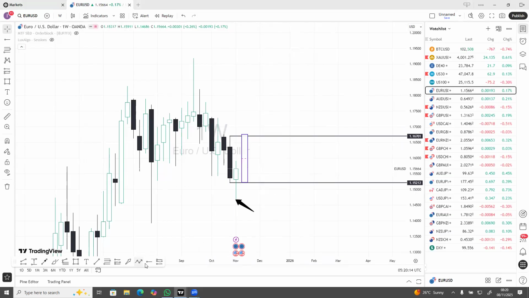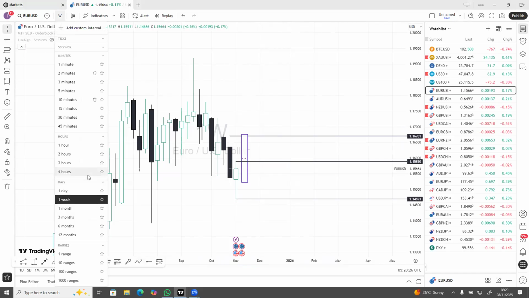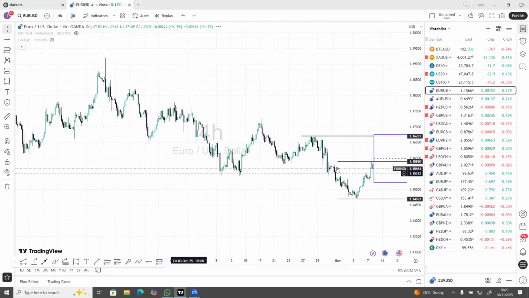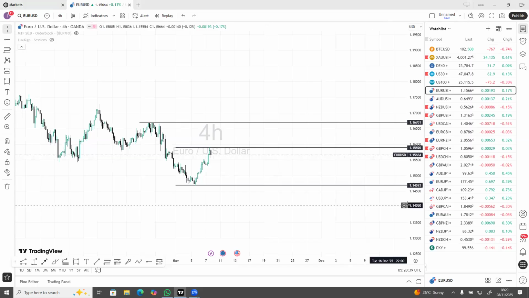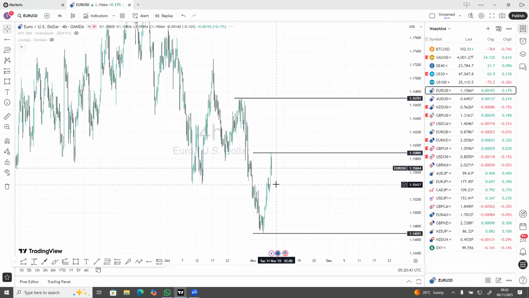So now we can mark this weekly range to find a specific area where we can execute a buy. According to time frame coordination, we are supposed to shift to the 4 hour.